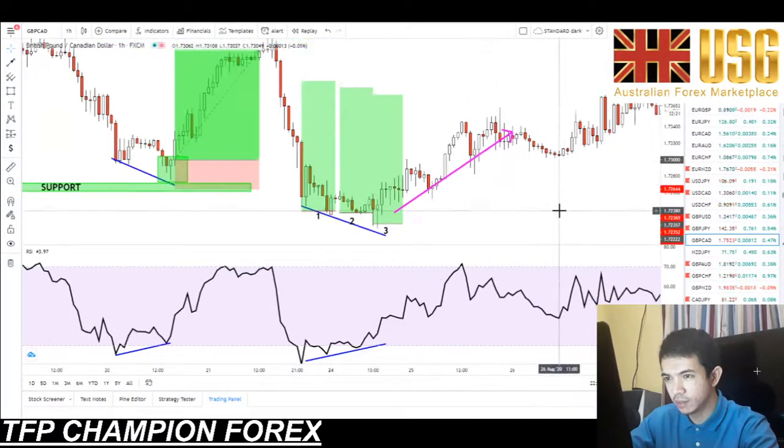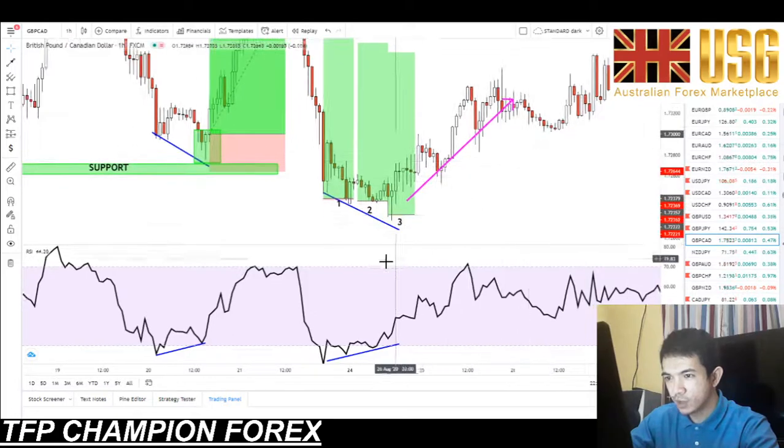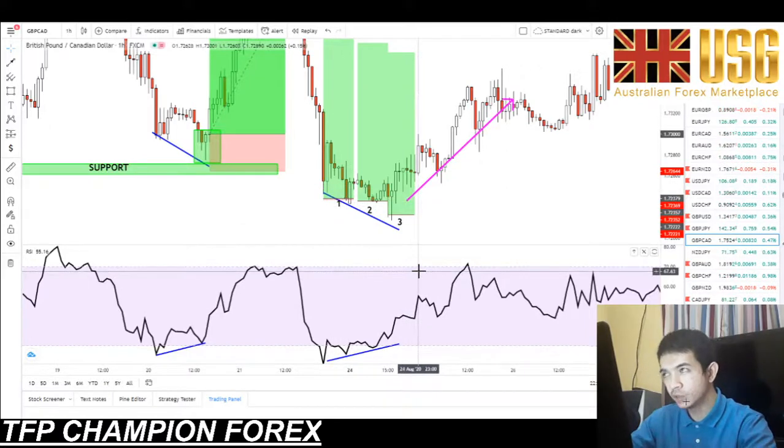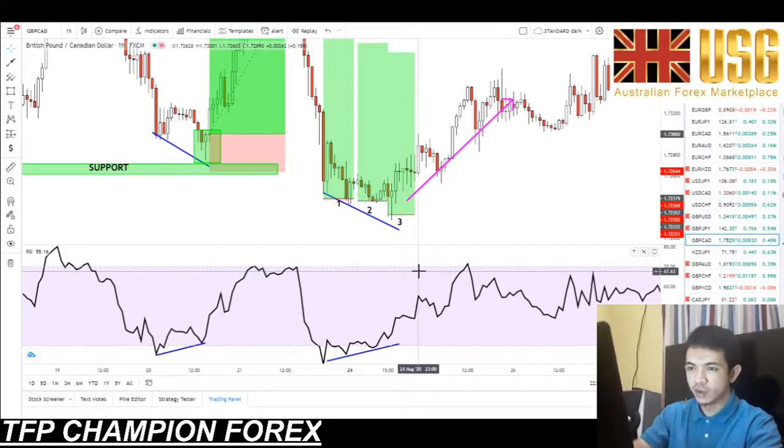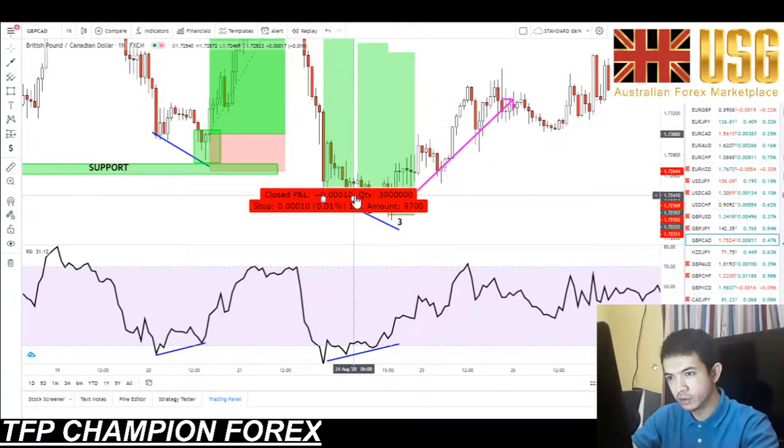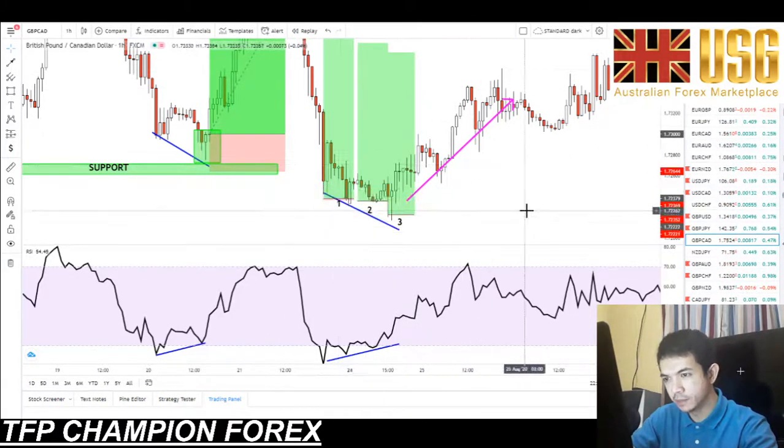That's why I don't use stop loss, because once I saw this divergence in the first cycle, I know the price now is ready to shift its momentum towards the upside from the bearish movement of the market. But we don't know yet when it will reverse, right?